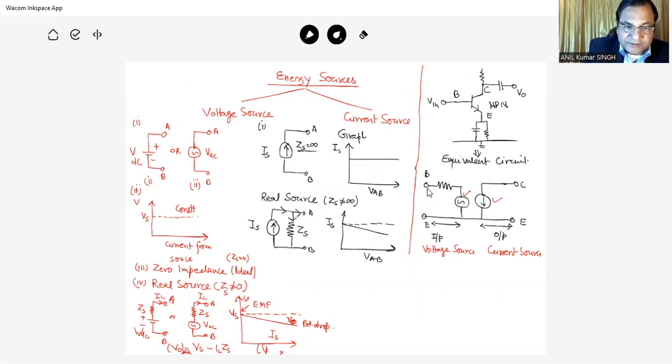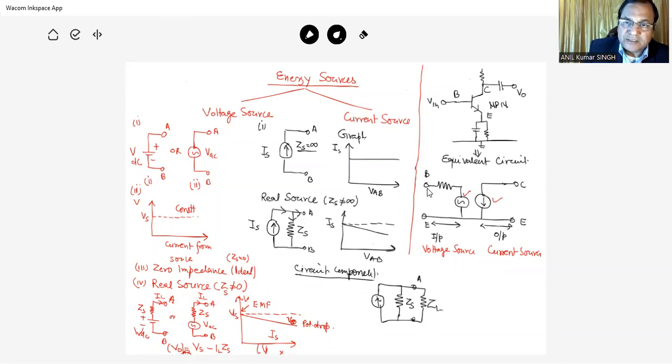For the circuit component, we have the current source, and here the source impedance ZS, and then there is some output load with value ZL.